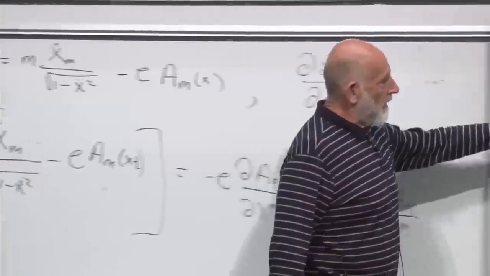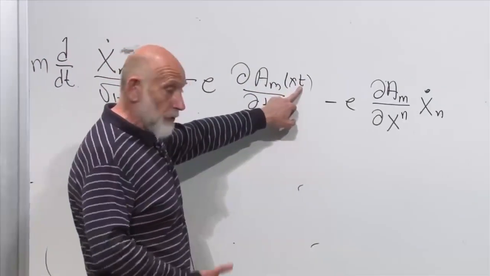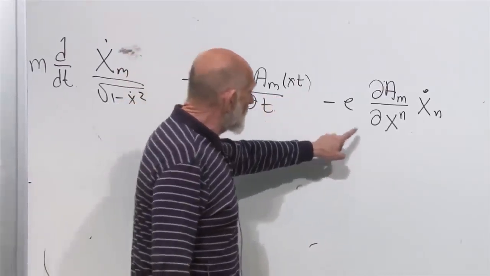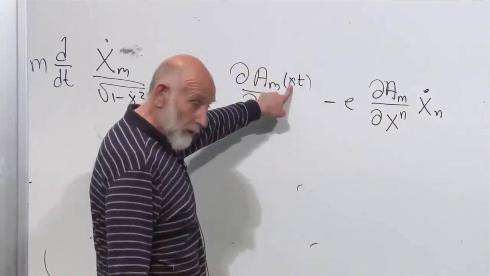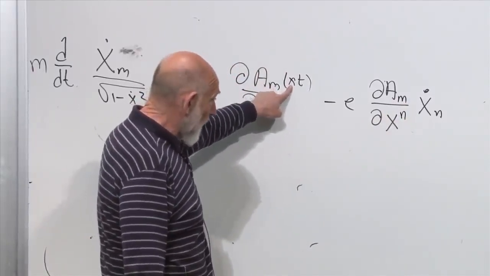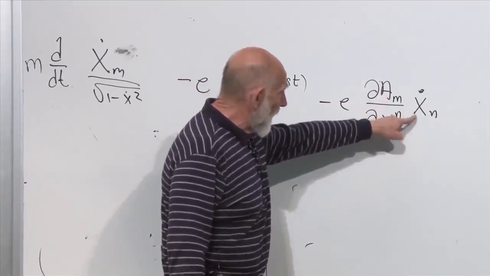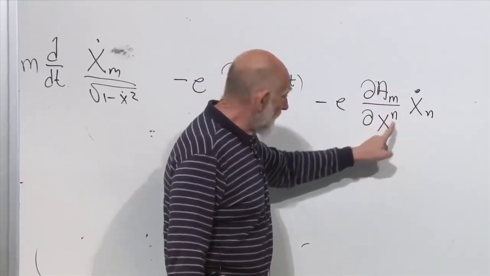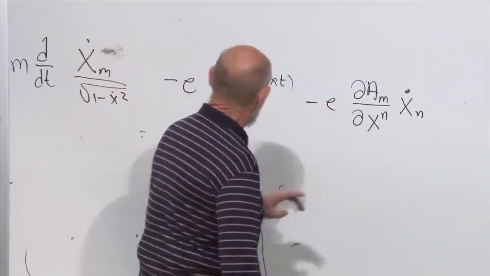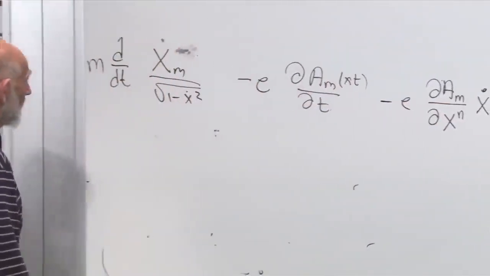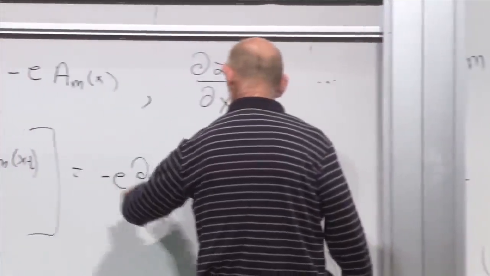A depends on time explicitly if the field is changing with time, but it also depends on time implicitly from the fact that the position of the particle is varying with respect to time. All right, so we differentiate a with respect to position and multiply by velocity. This is a dummy index. It's summed over. This one is the index that appears on the left side of the equation. So what do we have? That's this side of the equation.